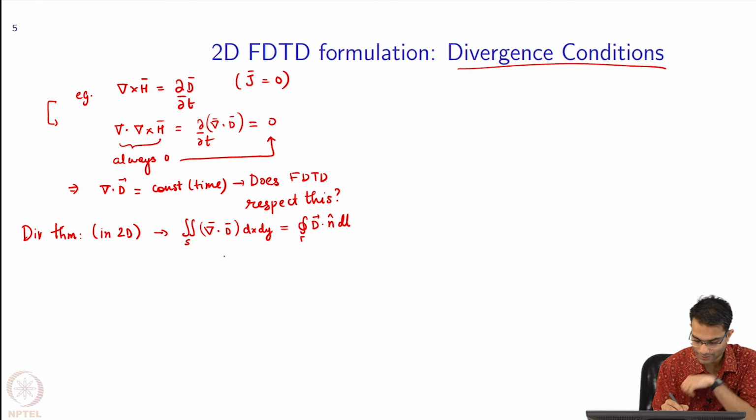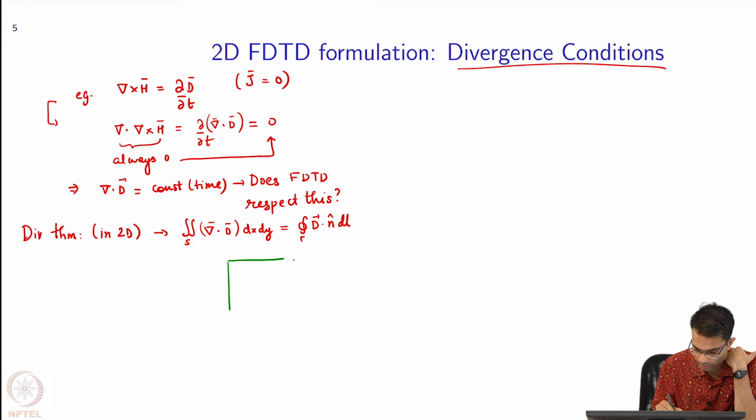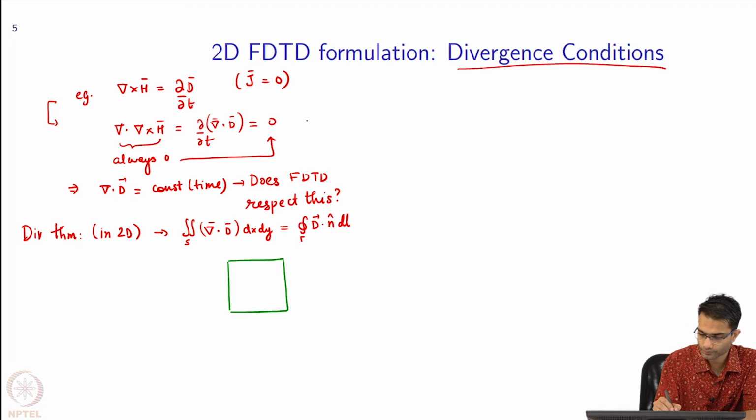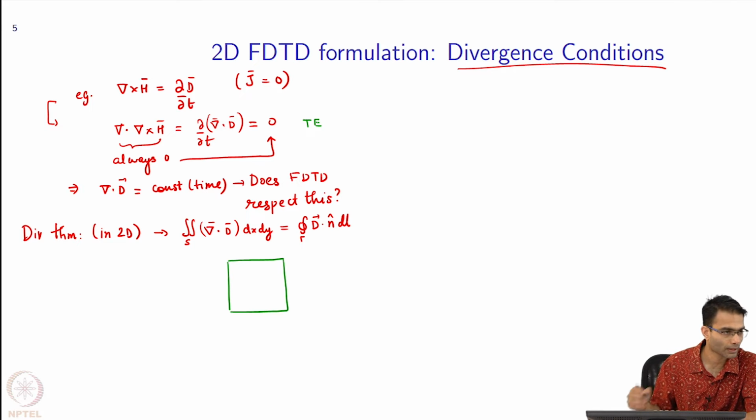So now let's draw a grid. Let's go back to our TE polarization, which had Ex, Ey, or Dx, Dy, right? Since we are working with divergence, let's just use D instead of E, since we are working with the displacement field. So what are the variables that I have here?